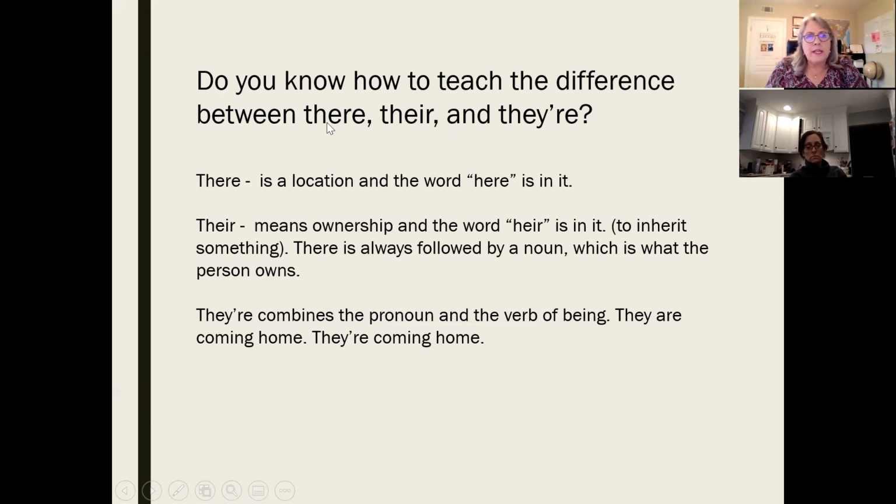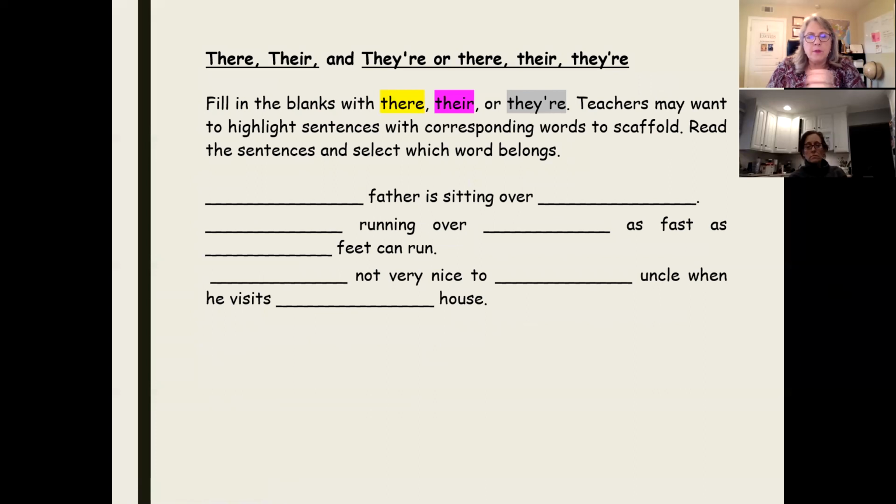They all start with the-, which is tricky, but we teach the ownership. And then they're, with apostrophe re, the apostrophe is replacing the a because it really means they are. So there's a verb included with that pronoun. So we would talk about every line has there on it, but which there do we use?